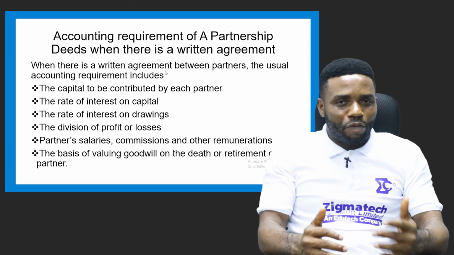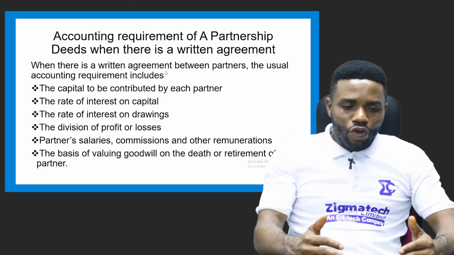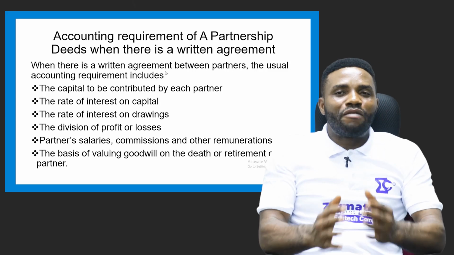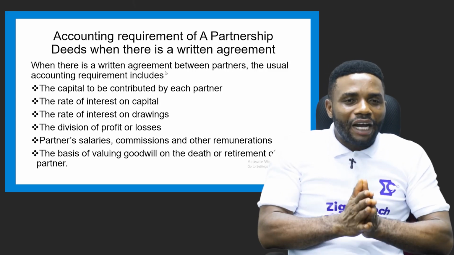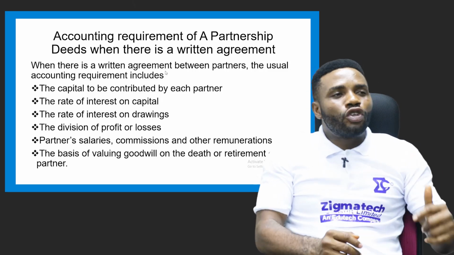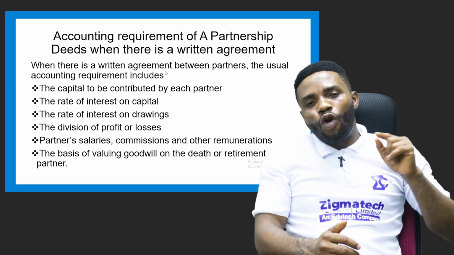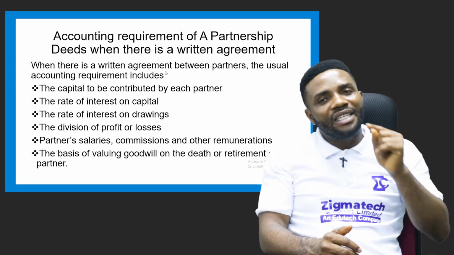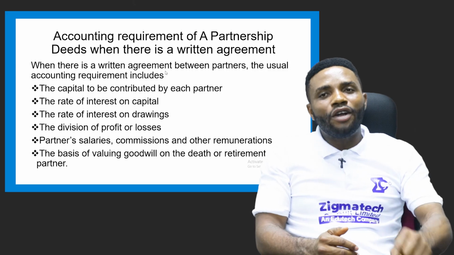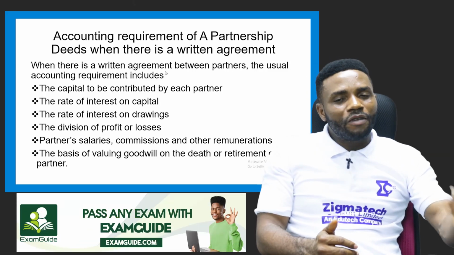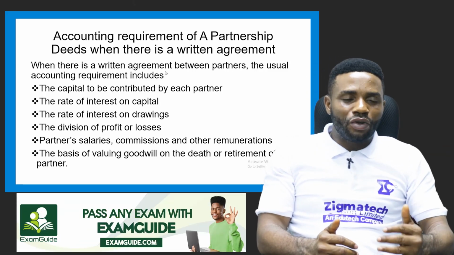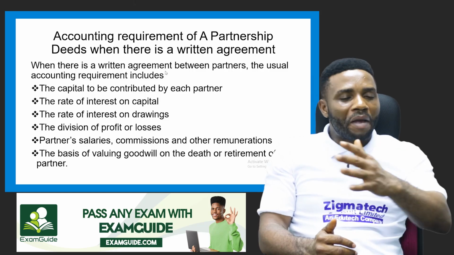The partnership deed must spell out: you bring this, you bring that. It must spell out the capital contributed, so that if tomorrow something happens, by the time we go back to our partnership deed, it will remind us of the amount of capital expected to be introduced by partners.